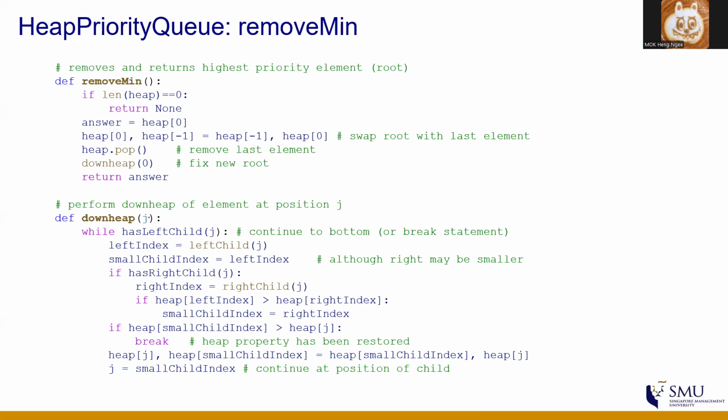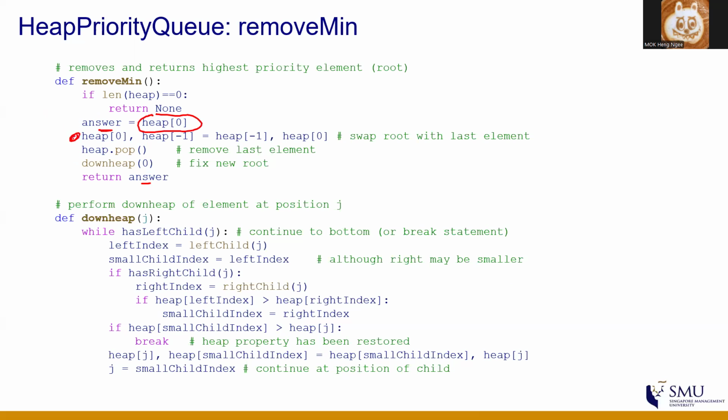So this will be the code. I want to remove the minimum. To remove the minimum, I just grab the element at position 0. That is the smallest, minimum element. Store it in a temporary variable to be returned in the last statement here.